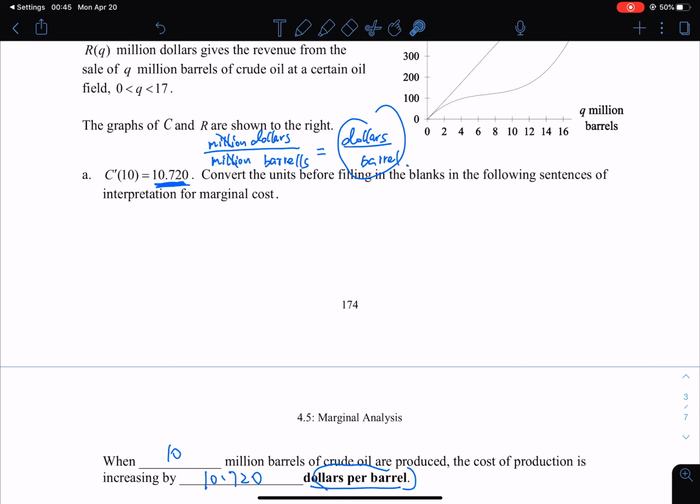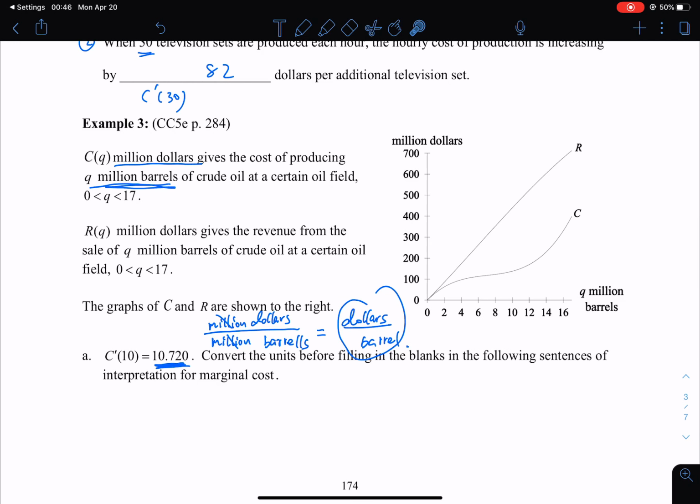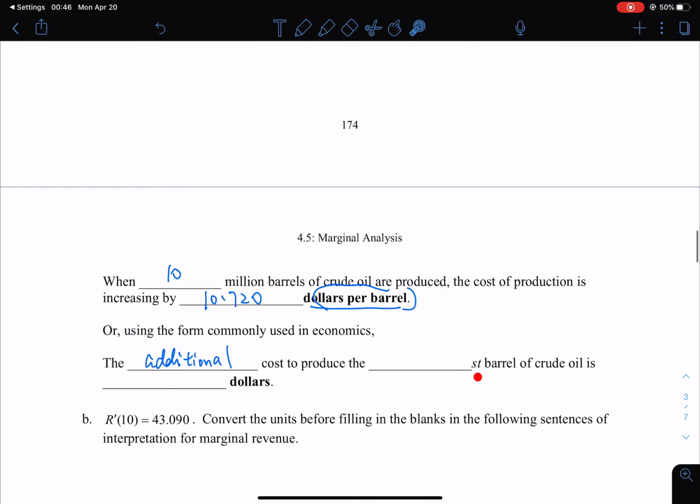That is not correct because the unit of the input variable is made in. So actually here the 10 means 10 made in barrels. But this one should be 10 million plus 1. So instead of using 11, we have to use 10 million plus 1.